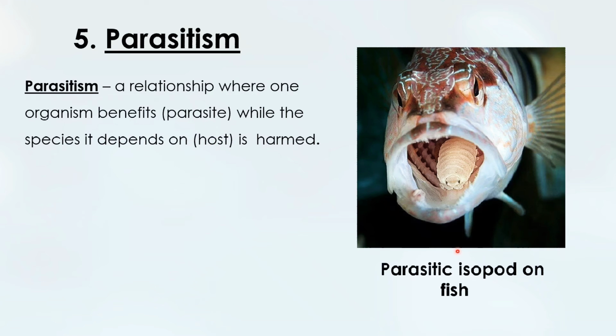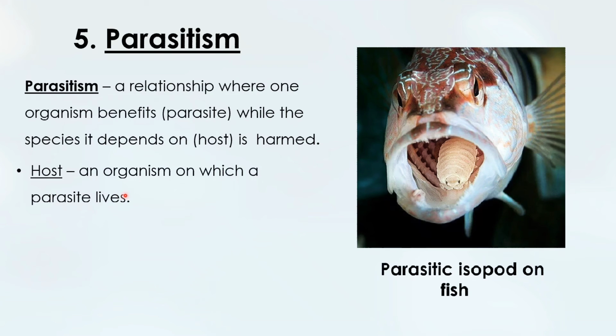Like in this example, we have the parasitic isopod on the fish. This parasitic isopod sucks blood from the fish, so the fish is harmed. But the fish doesn't get anything from the parasitic isopod, so that's why they have a parasitism relationship.